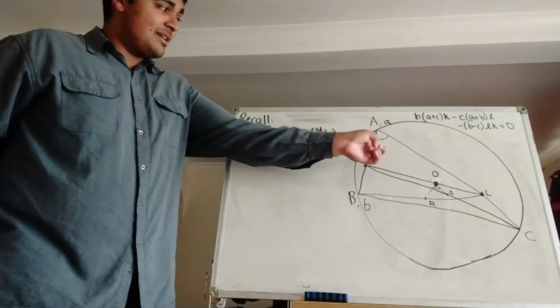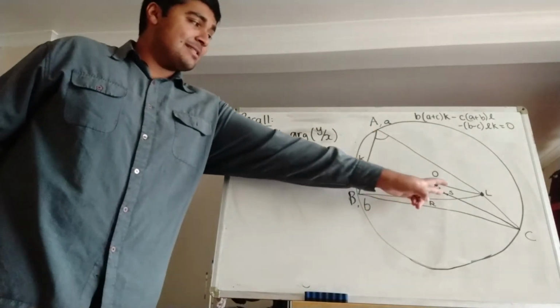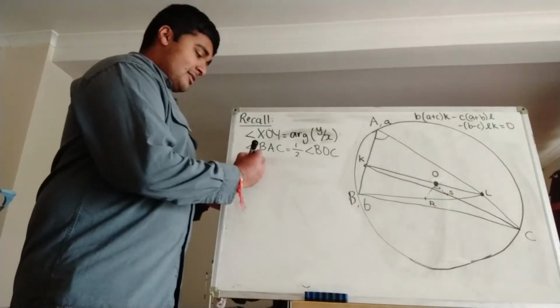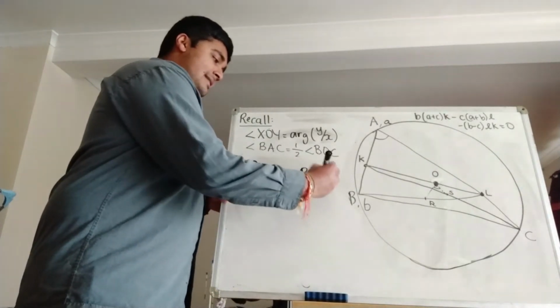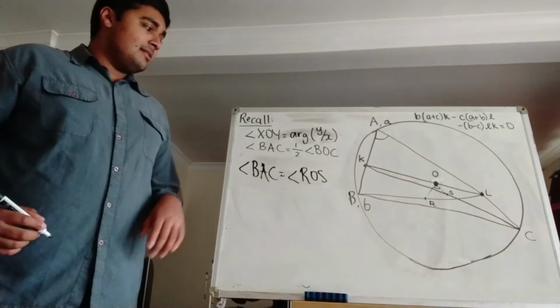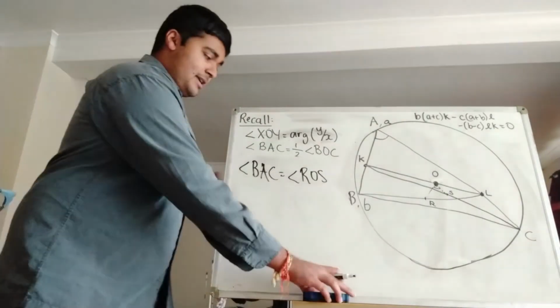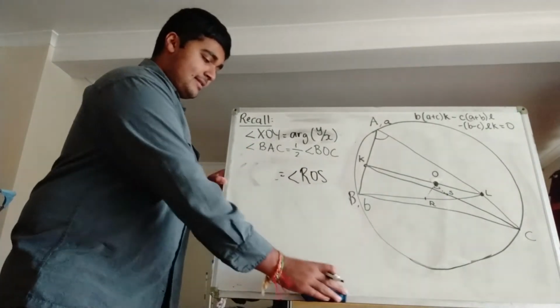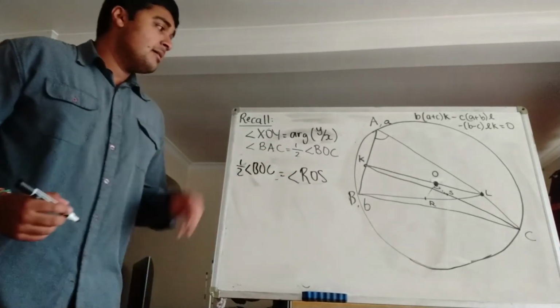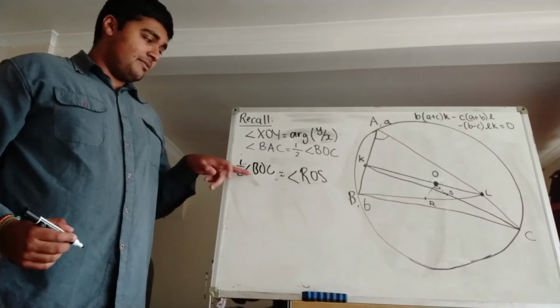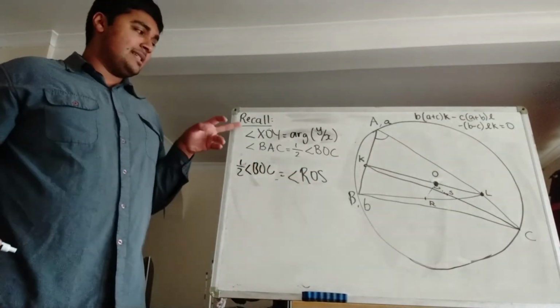We want to show that this angle here, BAC, is the same as this angle here, ROS. So we want to show that BAC equals angle ROS, like so. But then, of course, BAC is just half BOC, so I can write this left-hand side as just half angle BOC, like so. But then we can just use our top fact, because both of these guys here, BOC and ROS, are in this form here.